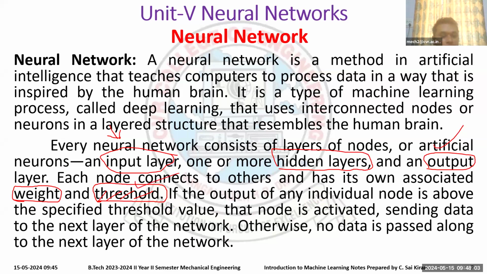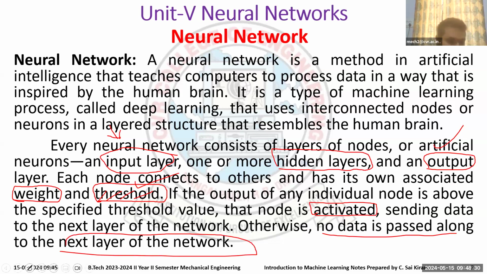So this threshold is the most important thing. Once the neuron is activated, it passes its data to the next layer, and the next layer will decide what to do. Otherwise, no data is passed along to the next layer of the network.